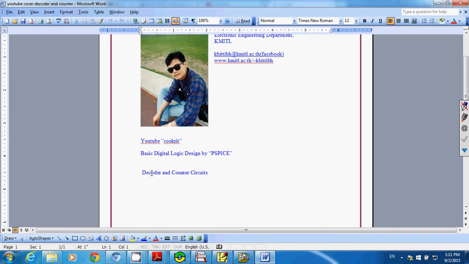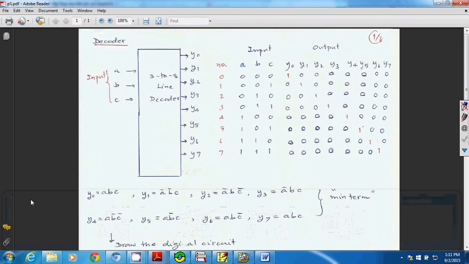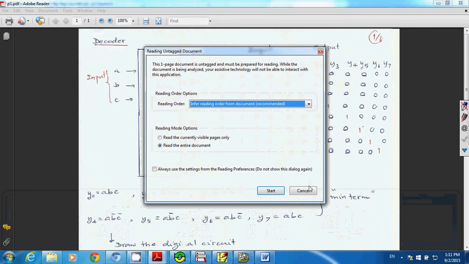But today we can move forward and use the basic ideas we have studied, take a look at decoder and encoder circuits, and also use PSpice to get a better picture. We'll show you on PSpice also. Let's get started with decoder.